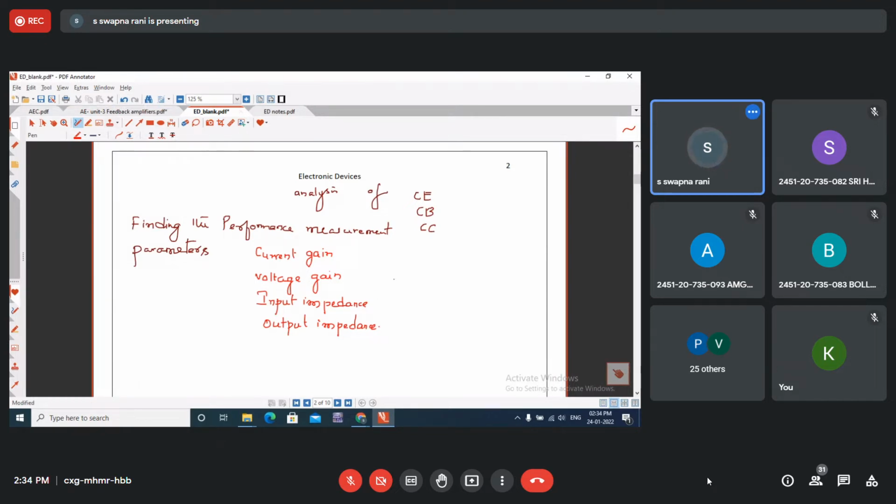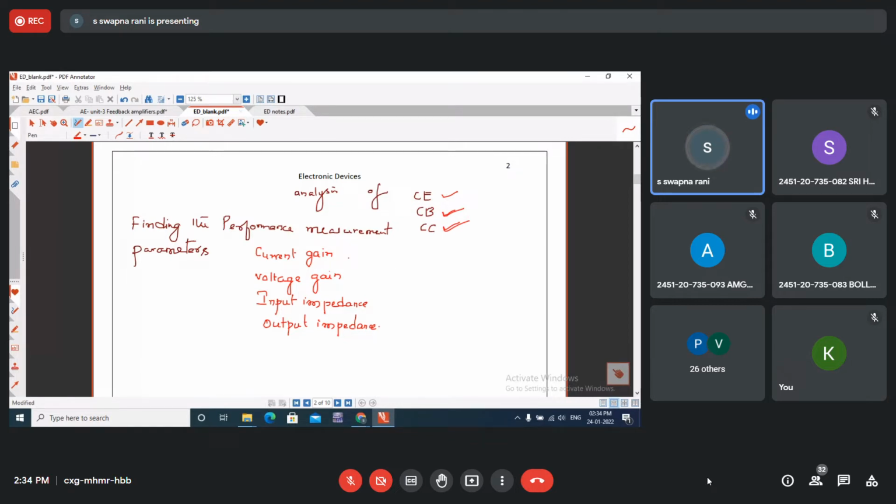These are the four important parameters which we are going to derive in each and every amplifier configuration. So what is the current gain, voltage gain, input impedance and output impedance of the common emitter amplifier, the common base amplifier and the common collector amplifier.